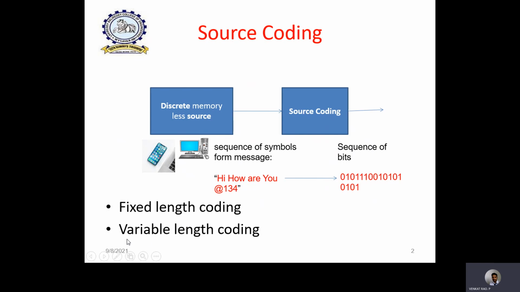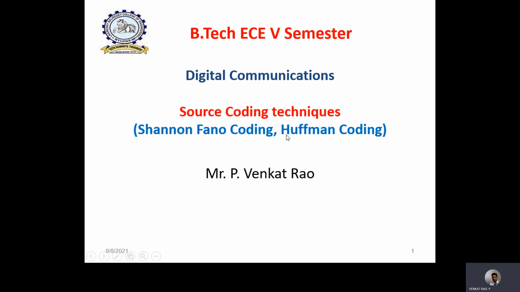Practically, variable length coding techniques are used in all mobile and internet communications. In variable length coding we have two types, Shannon-Fano coding and Huffman coding. These are the two fundamental methods used for variable length coding. Now we are going to discuss Huffman coding.